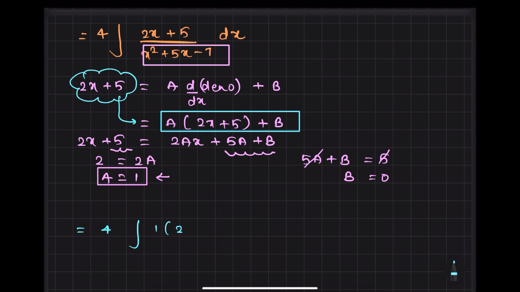So a is 1, 2x plus 5, which is the same as the previous part. b is 0, and then we have the denominator x square plus 5x minus 7 dx.